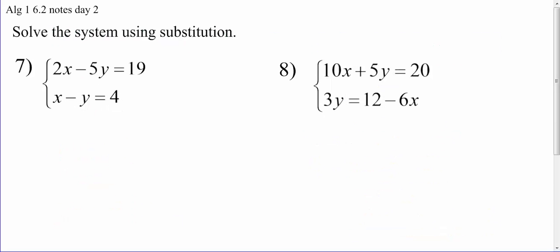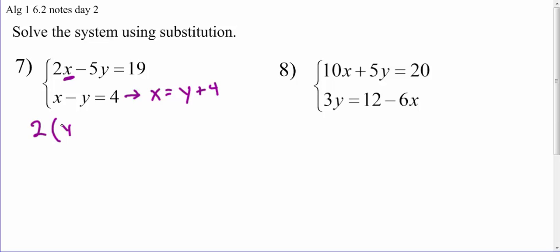All right, let's take a look at these next two. We have just a little more work on the setup side before we can jump right into solving them. But when I look at number 7, I see that the second equation here is fairly straightforward. If I add y to each side, I'm going to have x equals y plus 4. Then I can take that new value for x and substitute it in right here on the first equation.